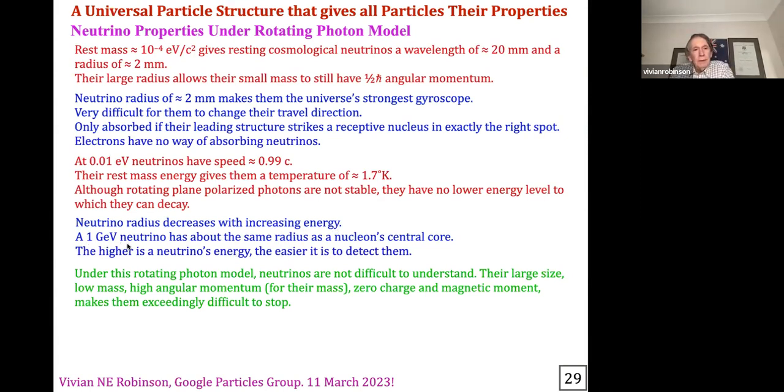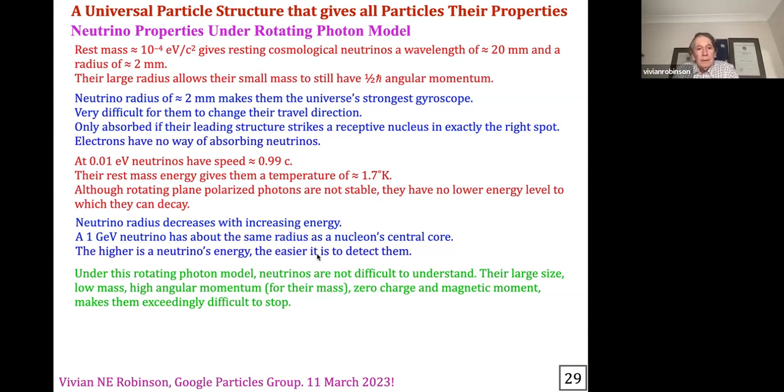A 1 GeV neutrino has about the same radius as a nucleon's central core. That's why higher energy neutrinos are easier to detect, because they're about the same size as the nucleons and nuclei that can detect them.